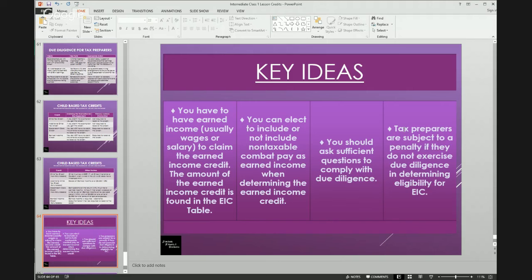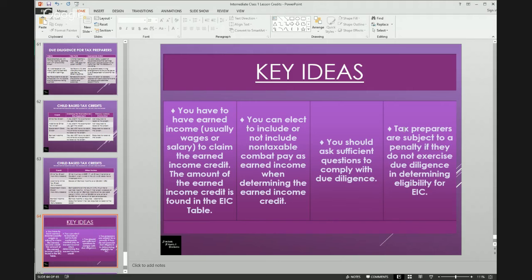And in the event that you are a tax preparer, you want to ask sufficient questions in order to comply with due diligence. It is important that a professional tax preparer does not know or have a reasonable reason to know that there is anything fraudulent or out of line on the return.